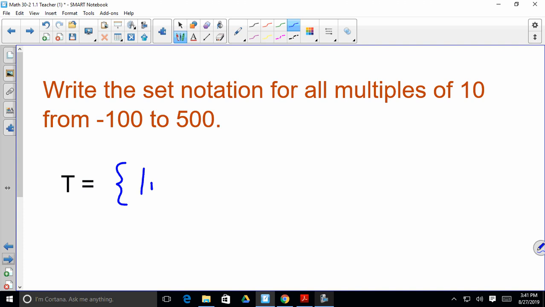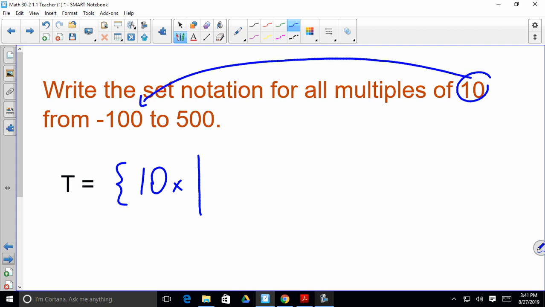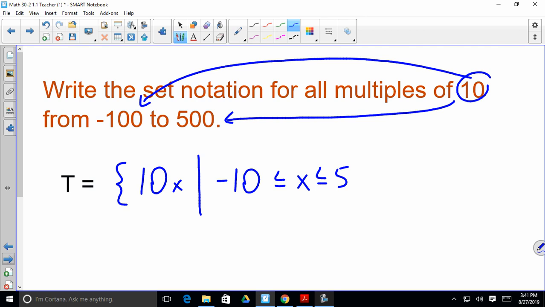Okay, so it's 10 times some number we're going to call x, such that 10 times what gives us minus 100? Minus 10, and 10 to 500 is 50.